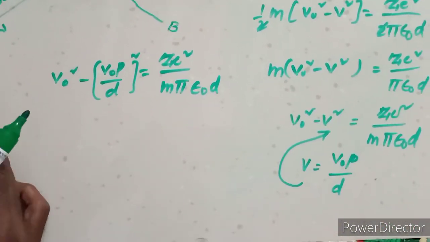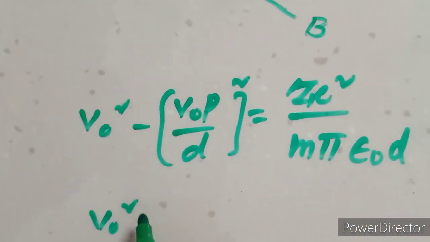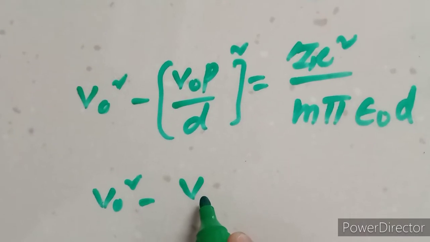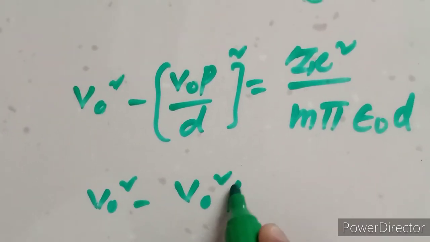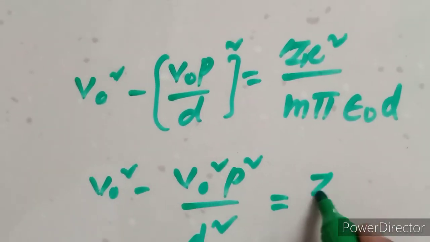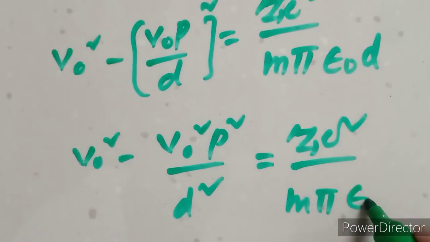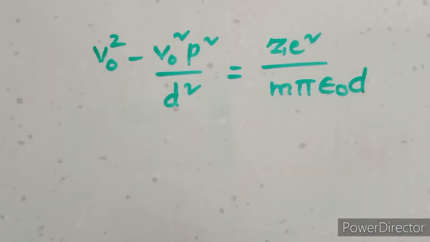Okay, simplify this equation: v naught square minus v naught square p square upon d square equals Ze square upon m pi epsilon naught d.